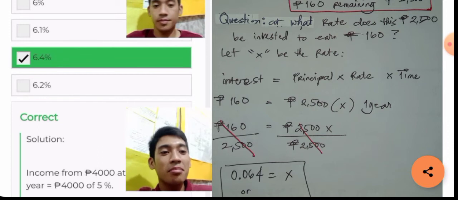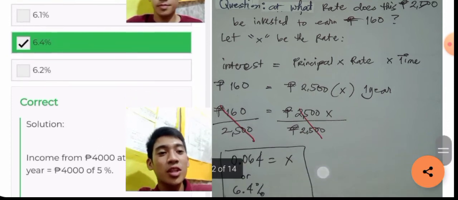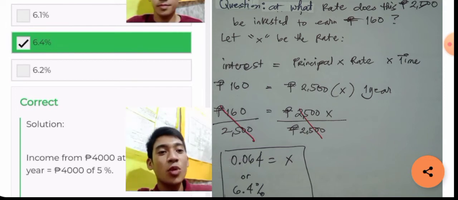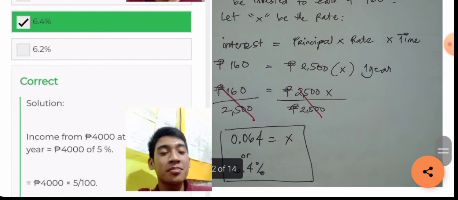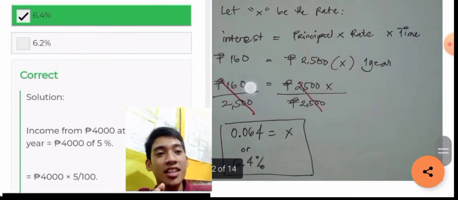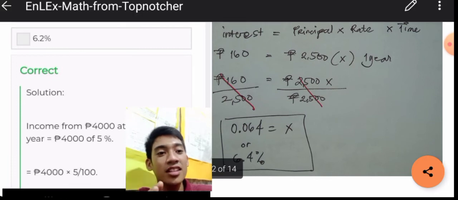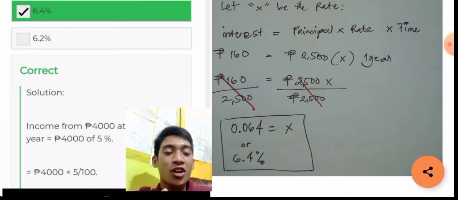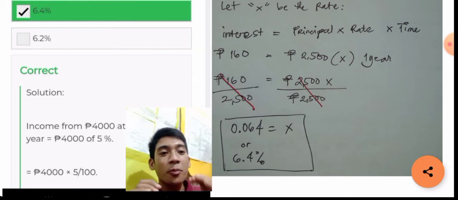Divide both sides by 2,500 so that we can have our X. So 160 pesos divided by 2,500 will give us 0.064.